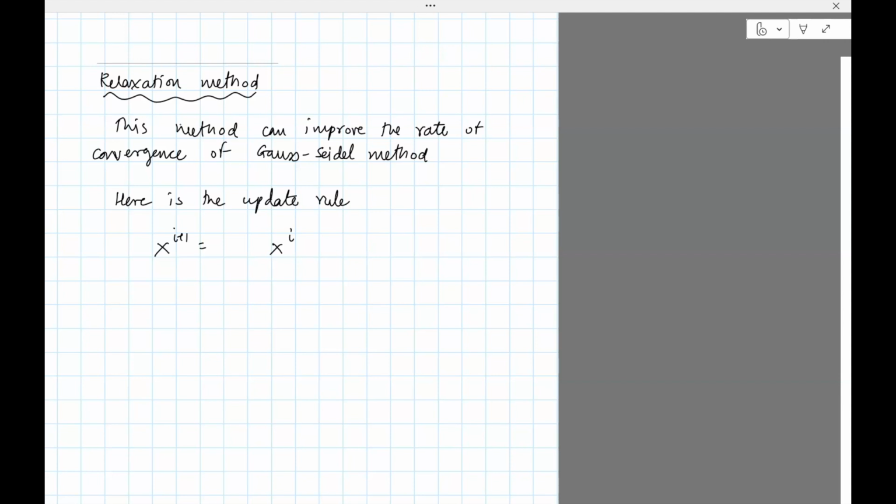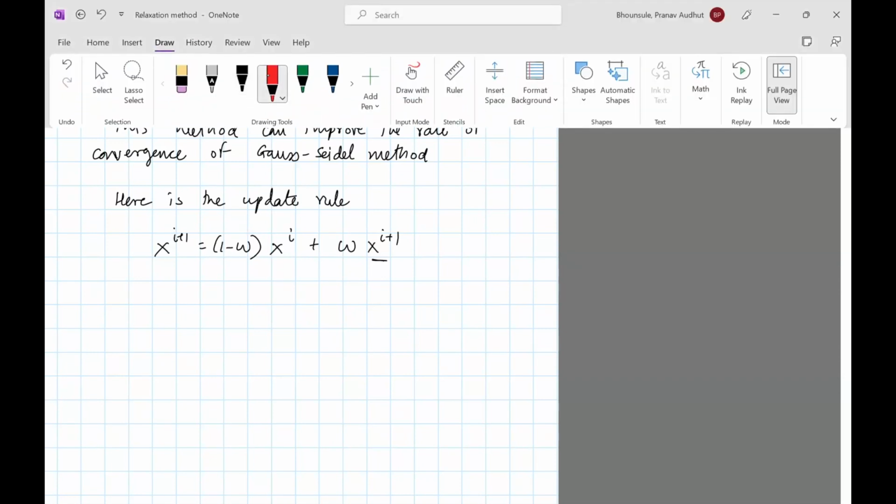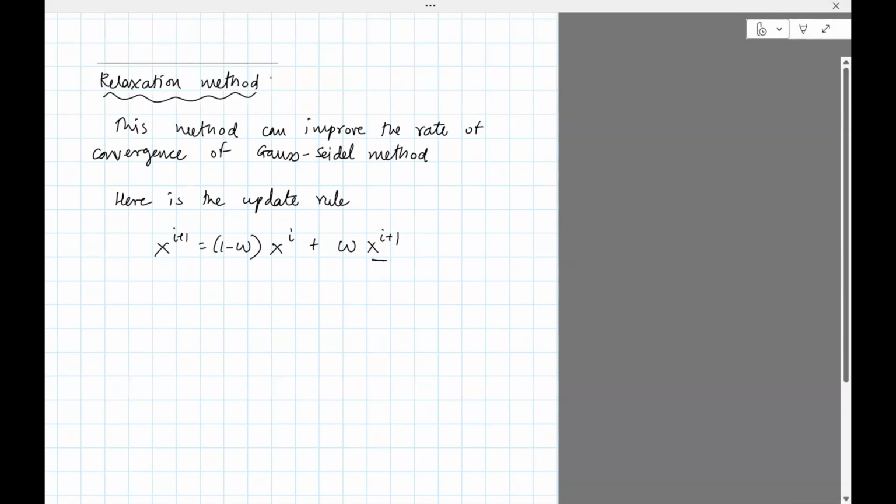What Gauss-Seidel does is use the new xi plus 1 as it is computed. So this relaxation method combines the two. It takes a weighted average of the two. This is the Gauss-Seidel update, so it doesn't rely totally on the Gauss-Seidel update, but also uses the value of the previous iteration.